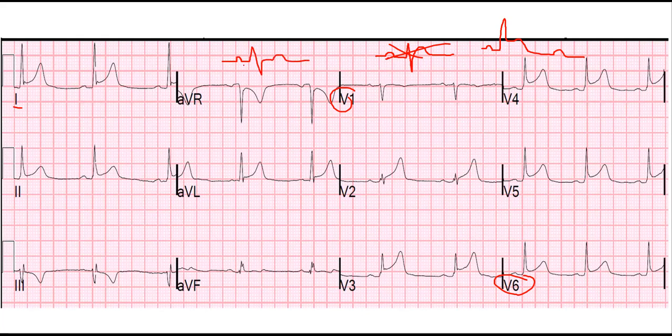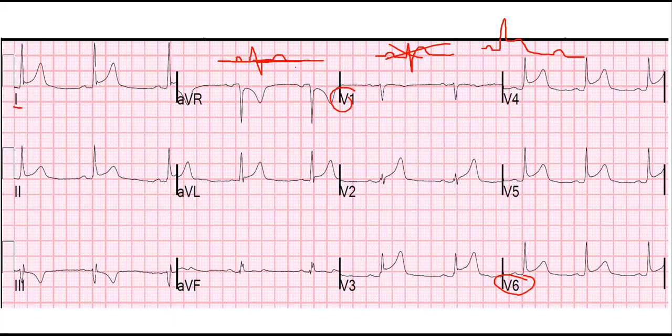In a normal ECG, you can see that this is called the isoelectric line. And you can see everything is on this line. Even your ST segment is on this isoelectric line, right?